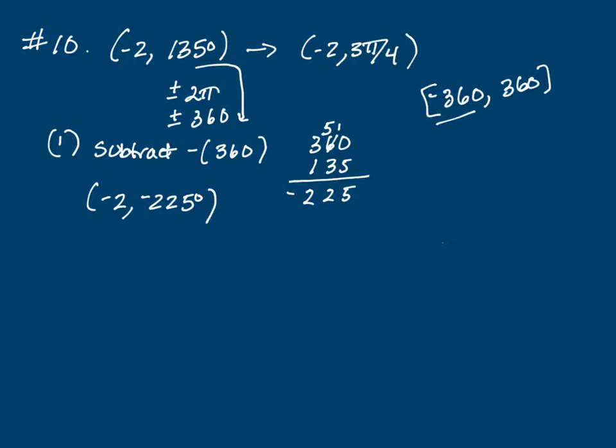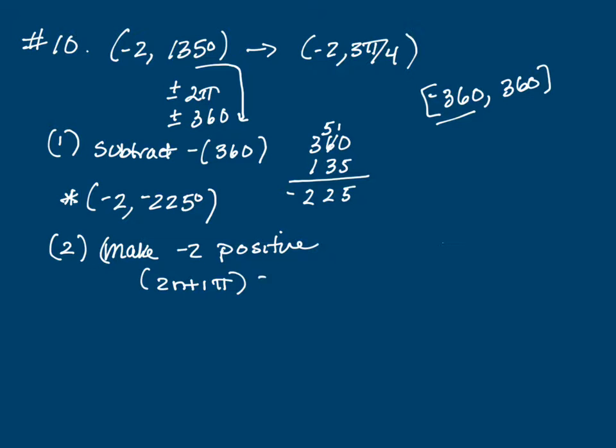So that's the first point. Number 2, I'm going to go to a +2, so make -2 positive. And I have my 2n plus 1 pi. So let's do it where n equals 0. So we would have adding pi. Or, if I were doing this in degrees, it would be 2n plus 1 times 180 degrees.